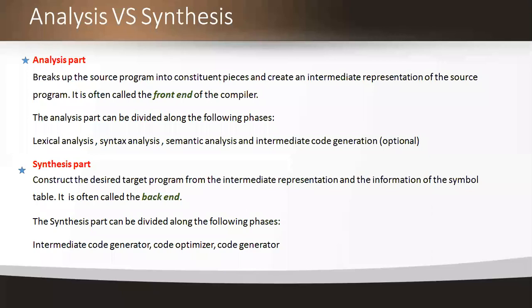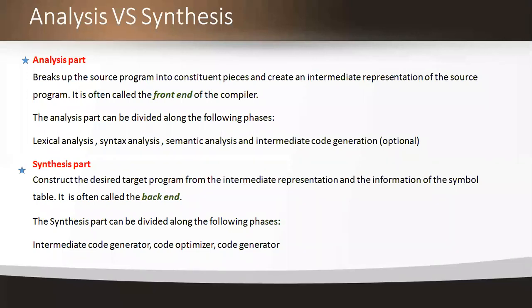And seeing the same thing in the synthesis part, see here, intermediate code generator. In both parts, we have a phase where we are writing the intermediate code generator, one in analysis and another in the synthesis part. Why? Because, as already explained, it acts as a mediator between the two parts, analysis and synthesis.